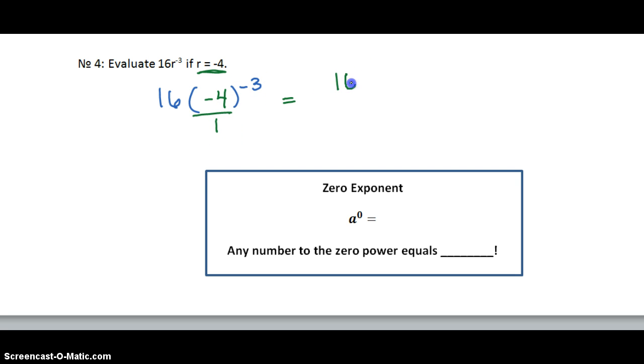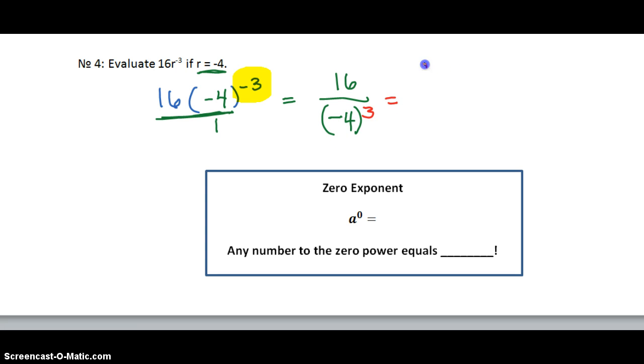So it ends up leaving 16. 16 is still staying on the top, on the numerator. And negative 4. Now my negative 4 doesn't change symbols. The only thing that's going to change symbols because of our magic wand is the negative 3. It becomes a positive 3. So it's still a negative 4.